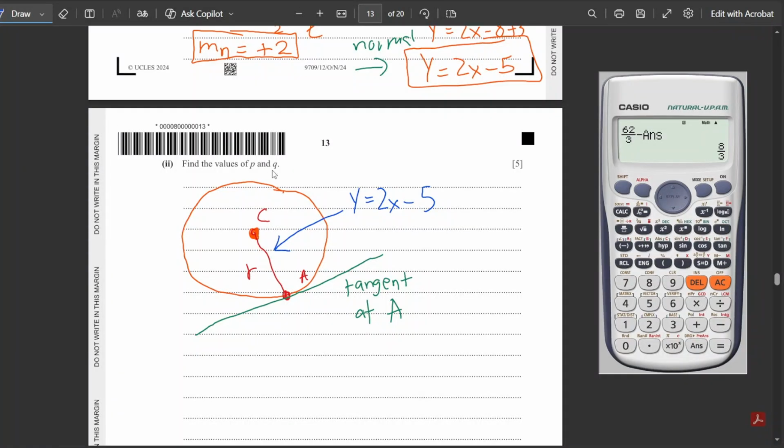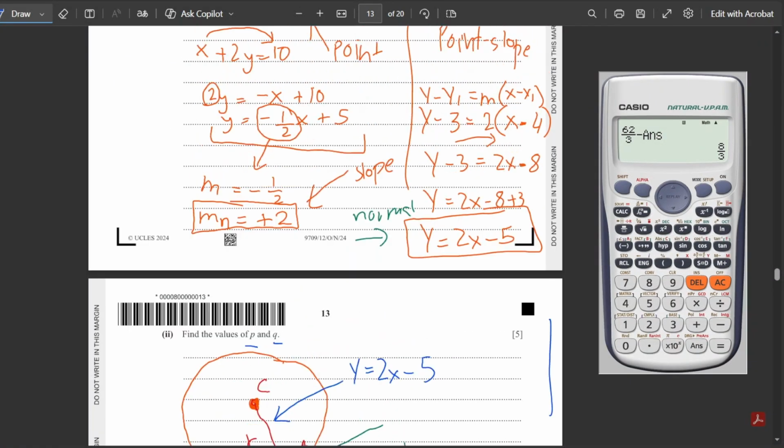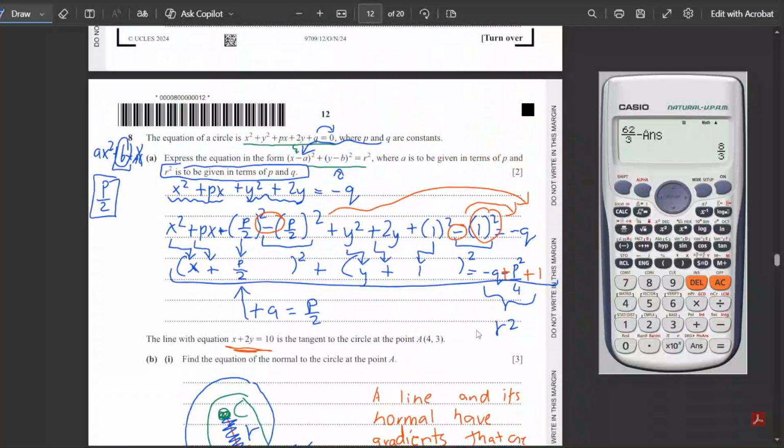What do I need to find? I need to find point P and I need to find point Q. So how can I find that? They say that the radius squared is equal to all of this. And this coordinate is going to be the x coordinate of your center point.